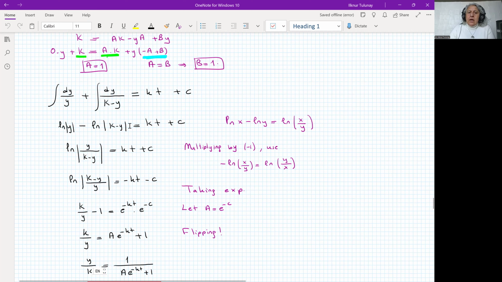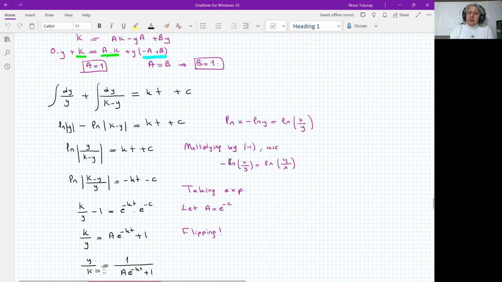So I can write this part as a fraction, ln y over k minus y. With this equation, this will be that, again kt plus c. And now I'm multiplying everywhere by minus. If you multiply minus by ln of a fraction, then that minus goes in and becomes a power.